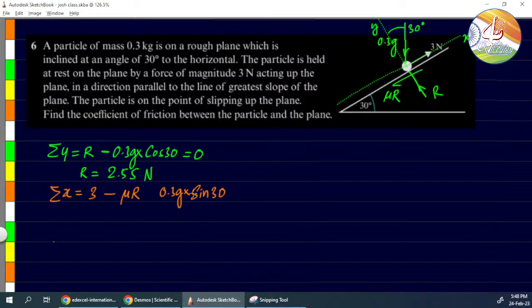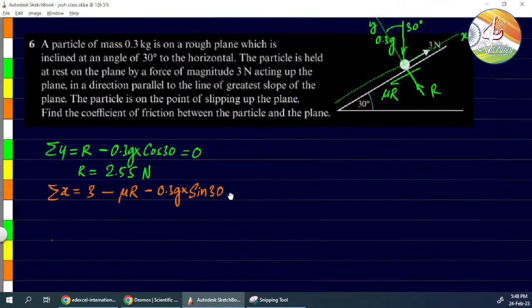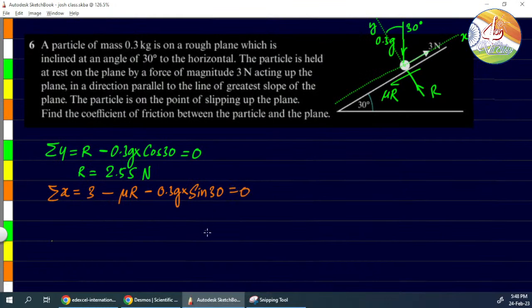Is it positive or negative? Because this is acting downwards, the component will also act to the left side. So left side means minus, correct? Yes. So this total should be equal to 0.